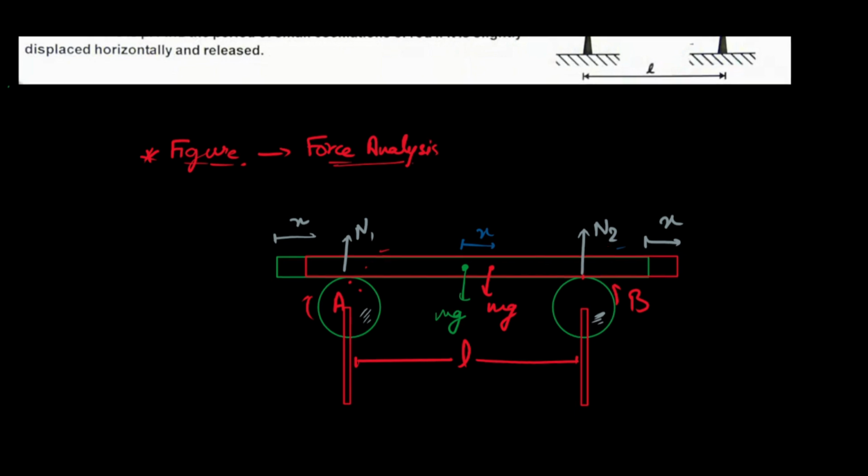Now what will happen is, the roller B, in order to perform pure rolling, will oppose this new change of the plank with the help of a friction F2, while the roller A, which is already deficit of the normal reaction, will somehow support the motion of the plank with F1.